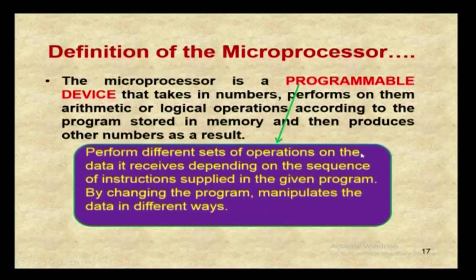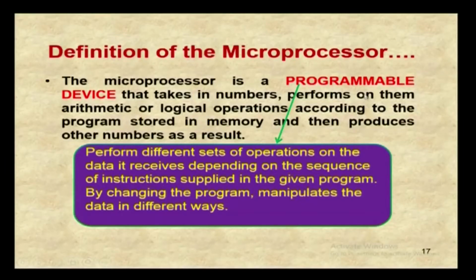A programmable device performs a set of operations on the data in a sequential manner, using the instructions you supply. We have to supply the instructions saying what operation it has to do, and it keeps on performing the operation. If you change the program, the operation also changes.